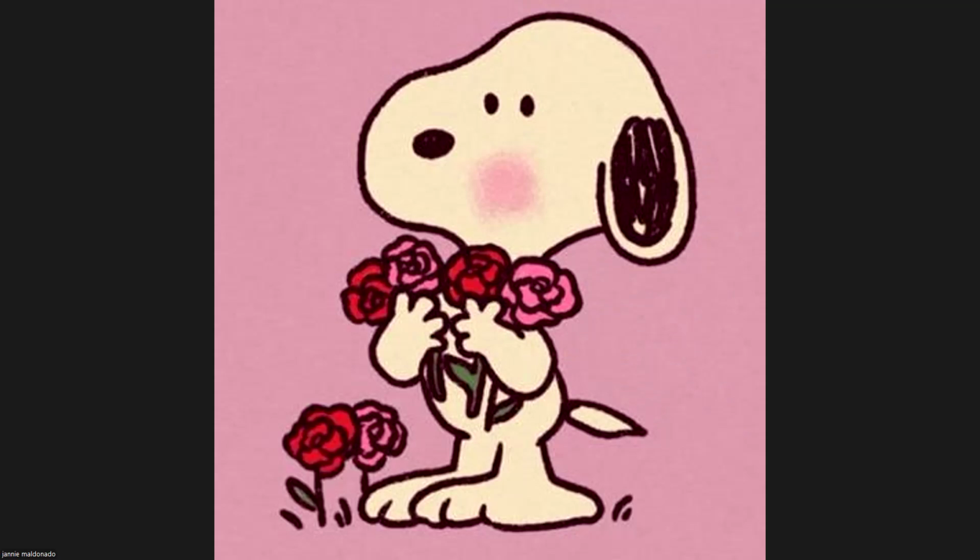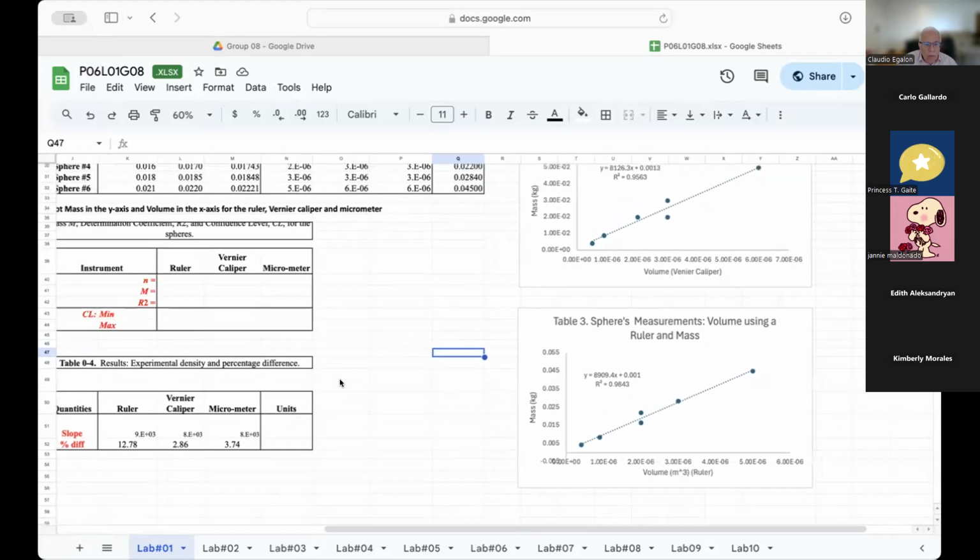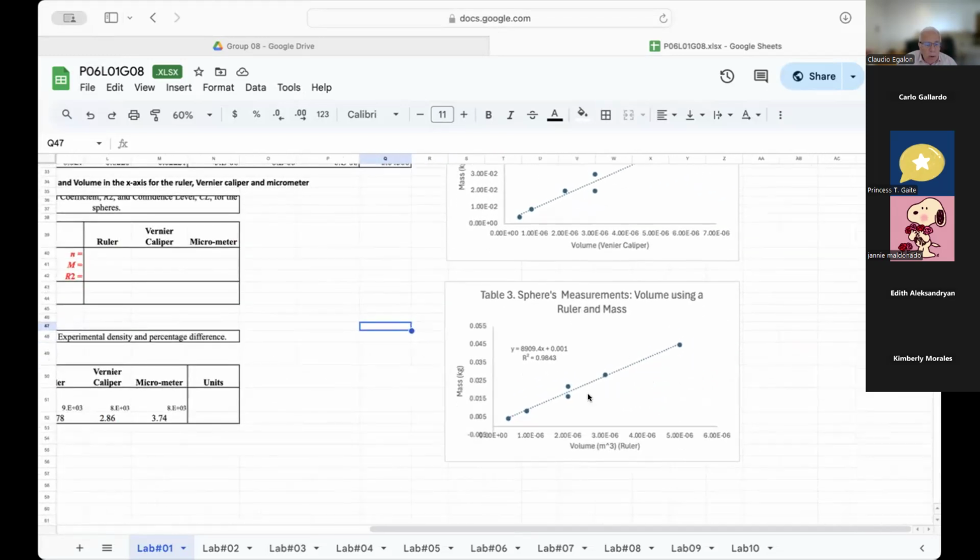Let me share my screen. Okay, so show me the one for the ruler. Should be the top one, right?